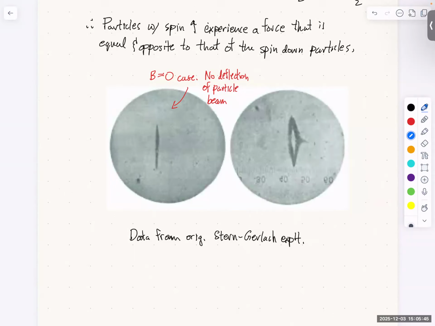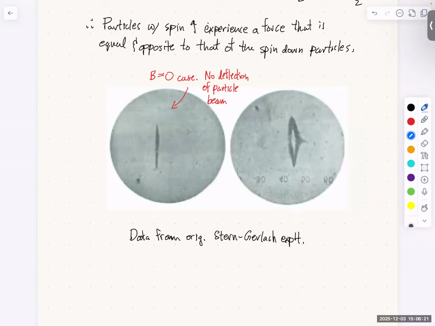If the Z component of our spin 1/2 particles could be anything, then we would expect to see just a smooth, blurry, fat line here. If we prepare a beam of particles that are all independent of one another, their spins could be in any random orientation, so some will see a big force, some a small force, some a negative force, and you just get a blurry blob.